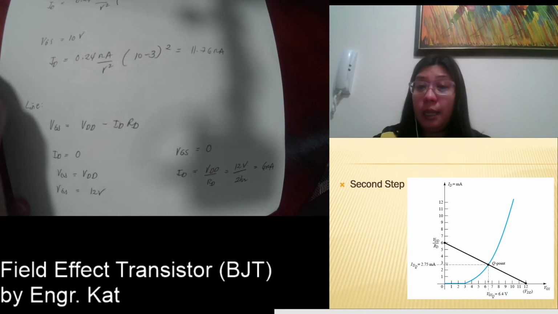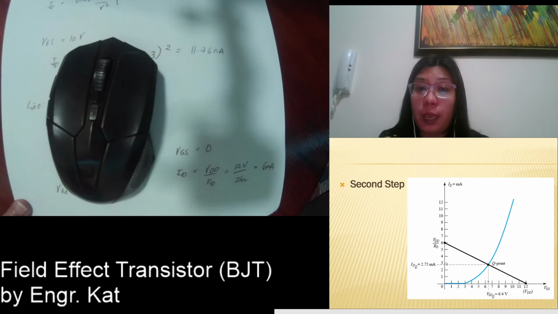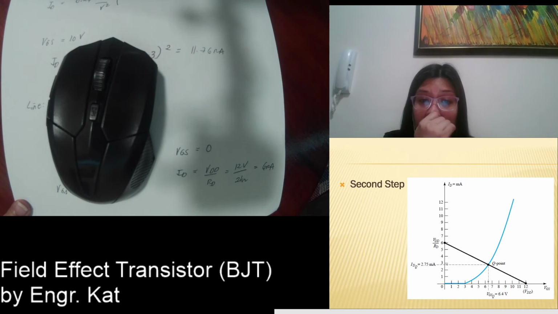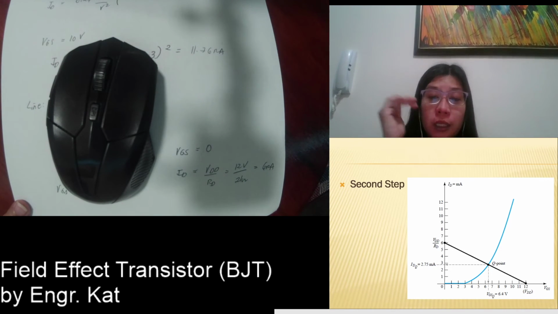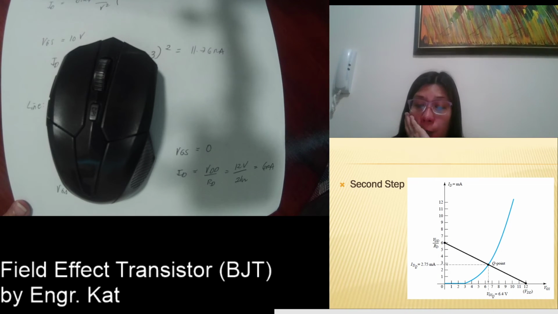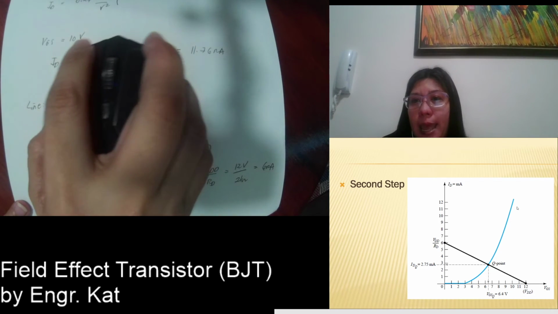Now the intersection of your curve and your straight line, which is around 2.75 milliamperes and 6.4 volts, will be your answer. Ma'am, what if it is 6.5 or 6.3, or 2.8 or 2.7? That will be acceptable as long as your graph shows it. So that will be your answer.